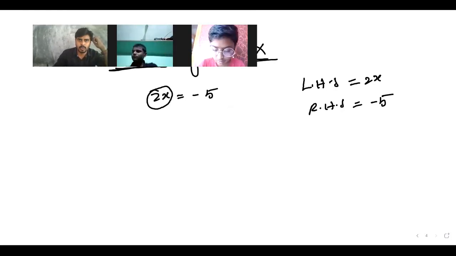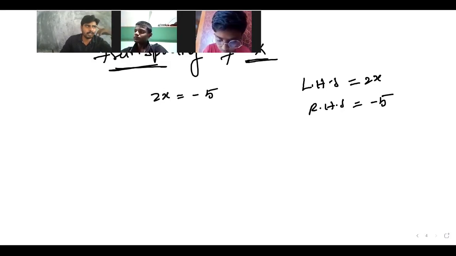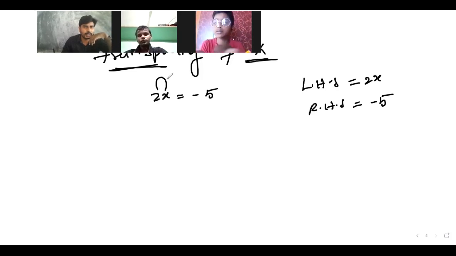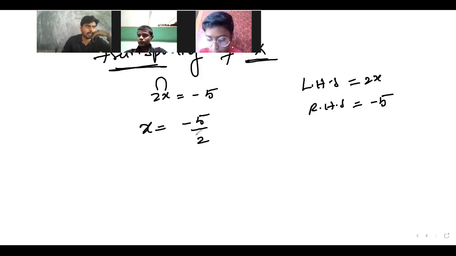What is the operation between 2 and x? Multiplication. We know if we transpose multiplication to the RHS side, it becomes division.